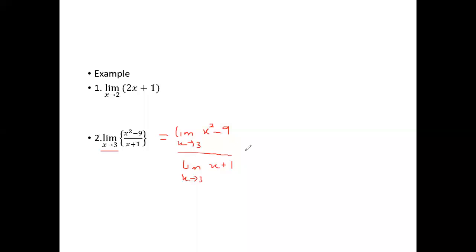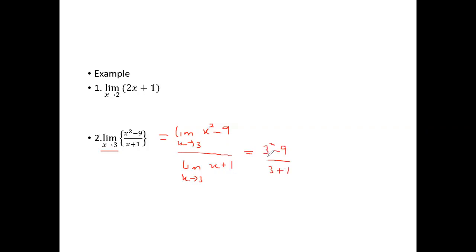Now let's see the results we'll get. So in the upper limit, we have 3 squared minus 9. And then down here, we are going to get 3 plus 1.